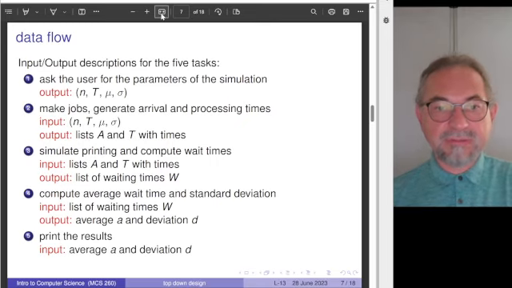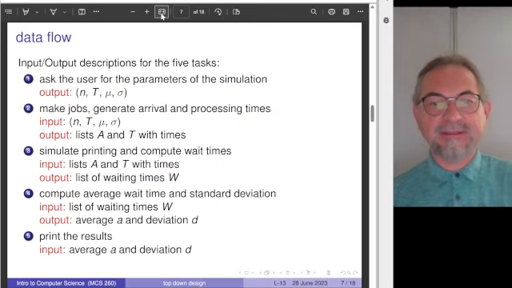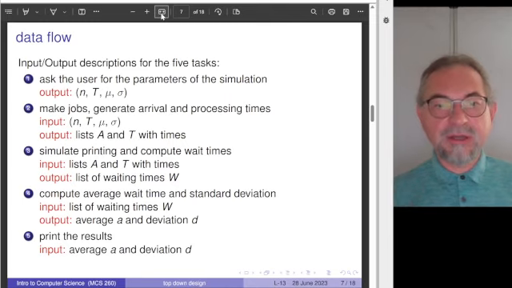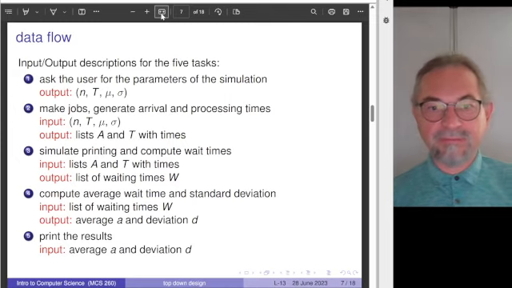Given two lists with arrival and processing times, compute another list, the list of waiting times, where all the lists are of the same length. Then we compute the waiting times, the average waiting time, and the standard deviation of the waiting times.